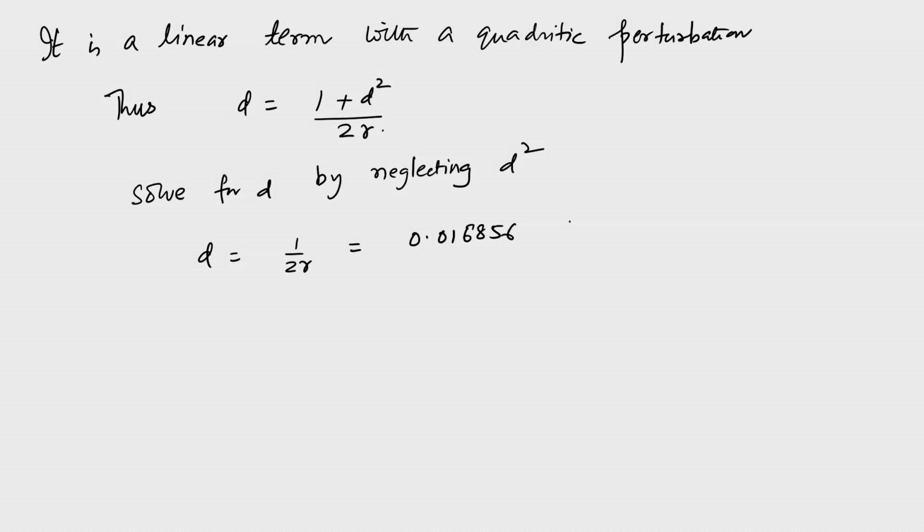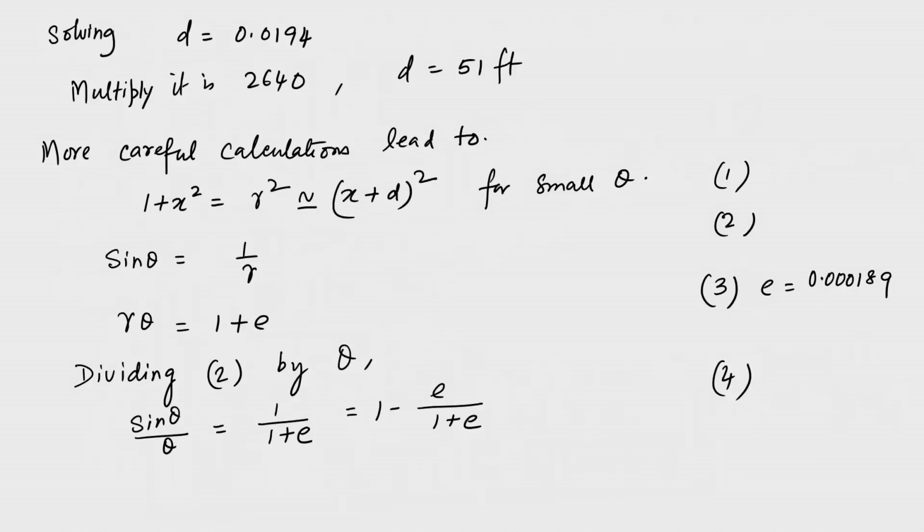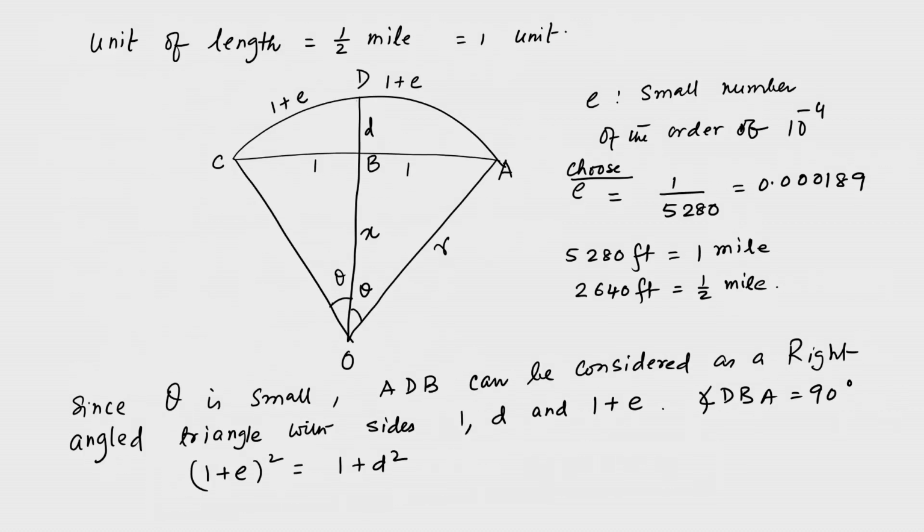These are the numbers that you should check. To get it into the units that we want, in miles or feet, multiplying by 2640, d becomes equal to 44.499 feet.